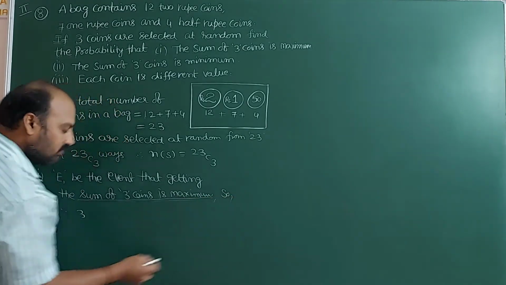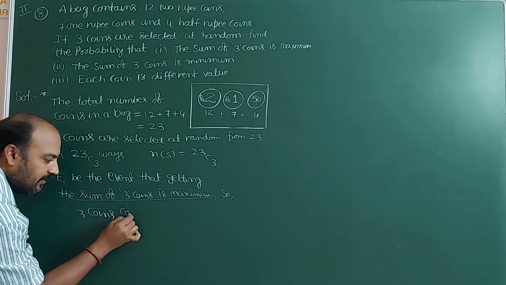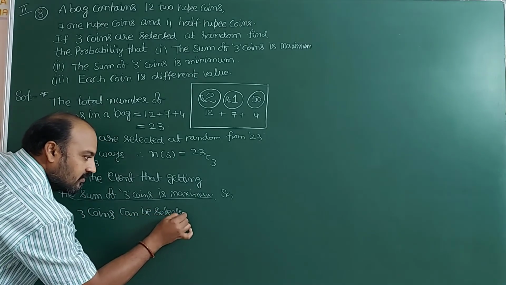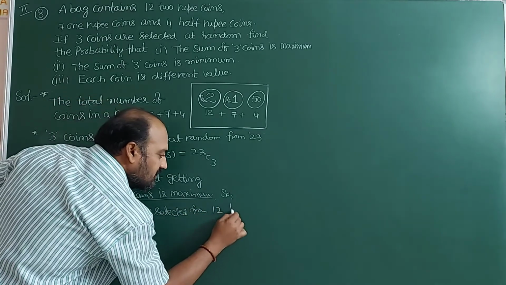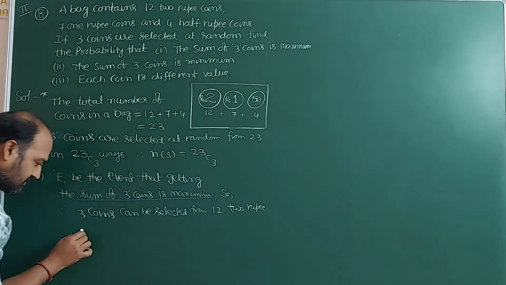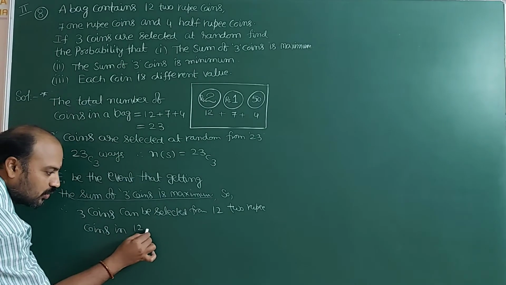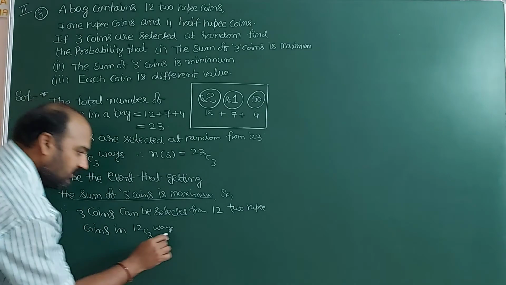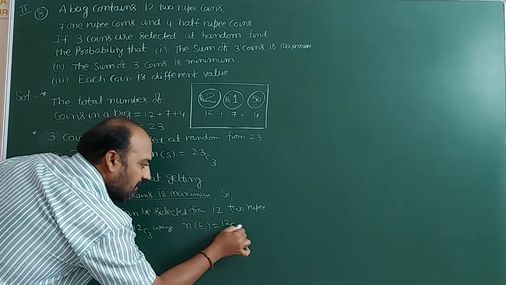So 3 coins can be selected from 12 2-rupee coins in 12C3 ways. This is n of E1, 12C3.